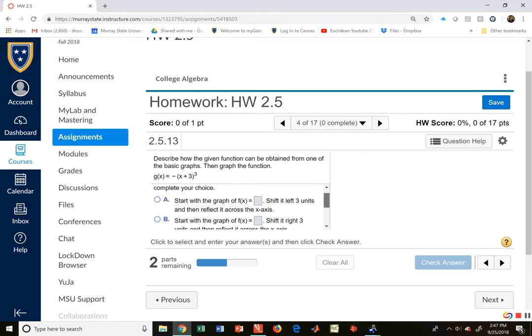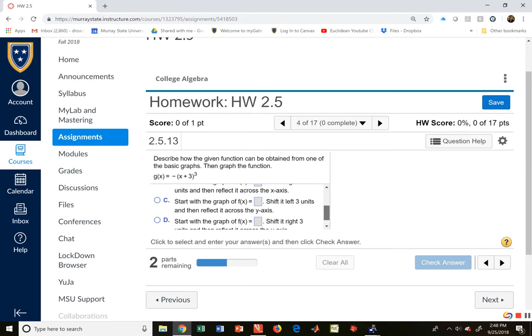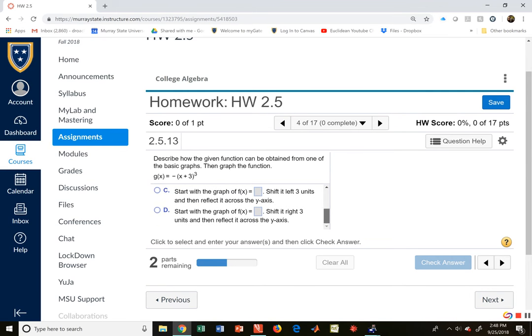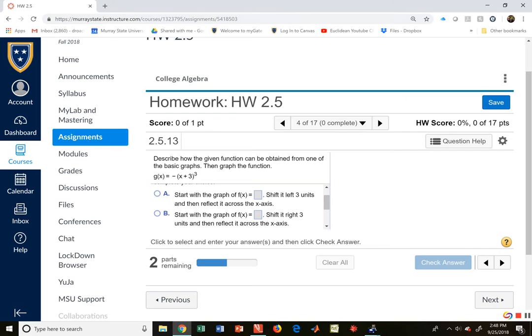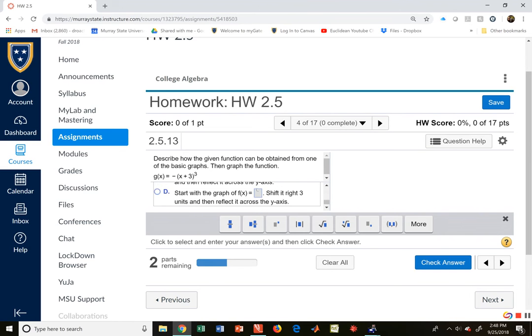All right. It has a negative (x plus 3) instead of the minus on the inside. Now that's going to do a shift left 3 units, and still going to reflect across the x-axis. So I'm going to choose that. We also need, let me get my keyboard out, we need to put an x right here, and we need to cube it.